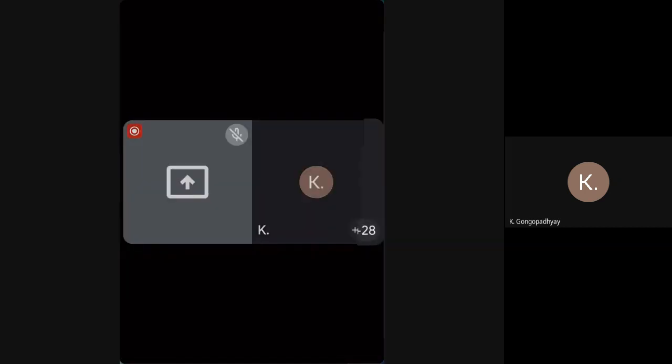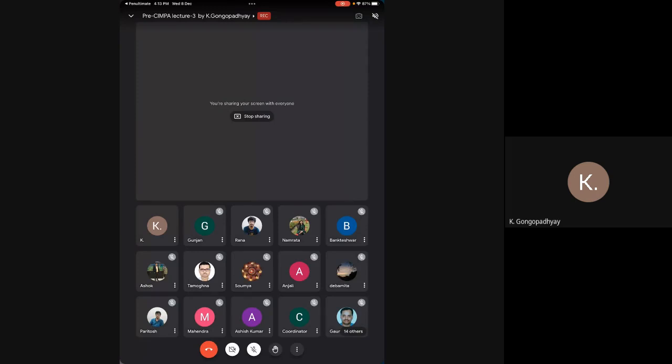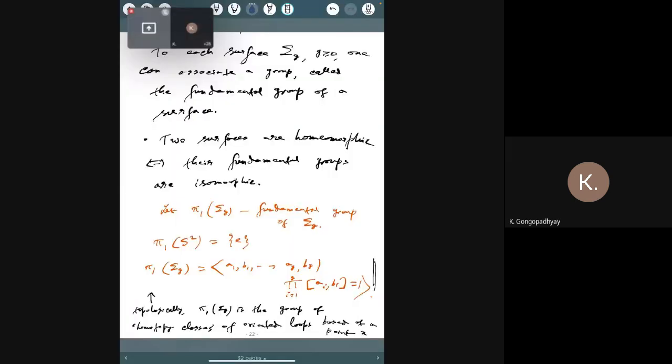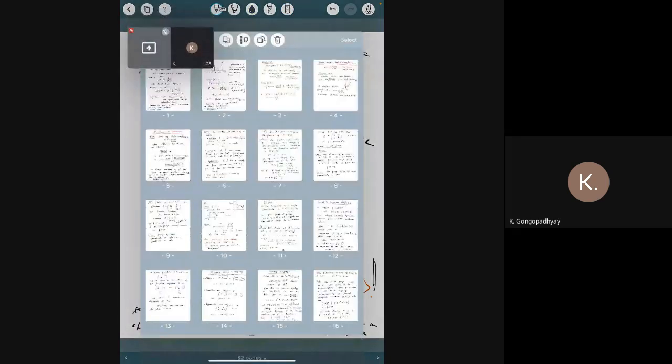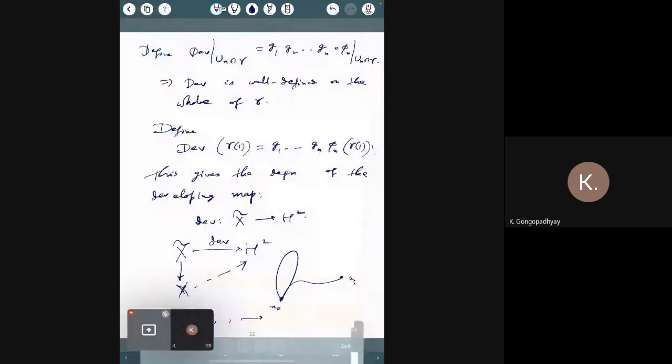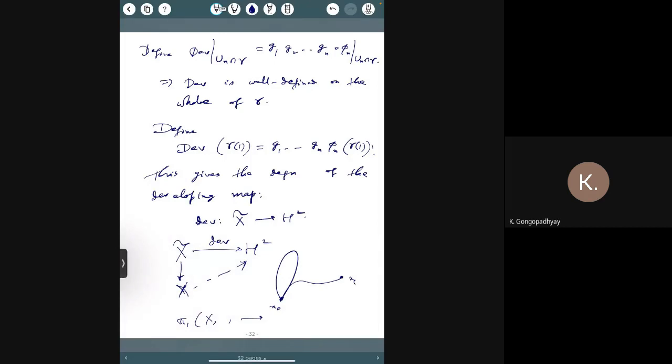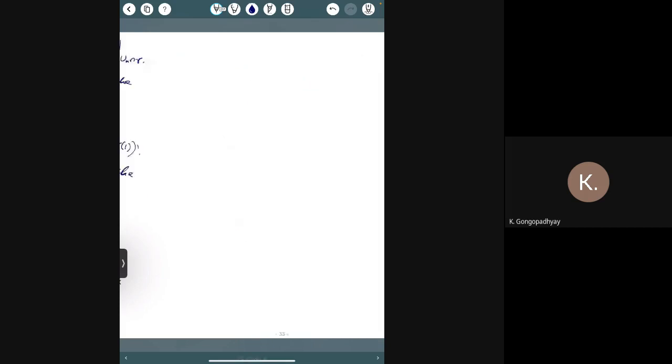So it gives you a representation of pi 1 x0 to PSL2R, which is the holonomy representation. All right. So this is how developing map and holonomy maps are constructed.